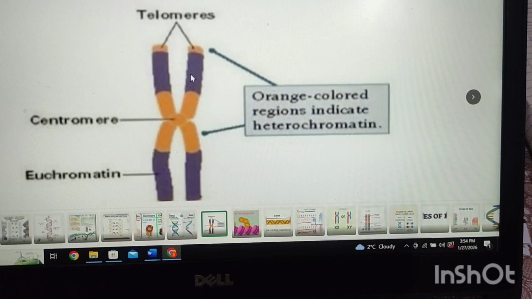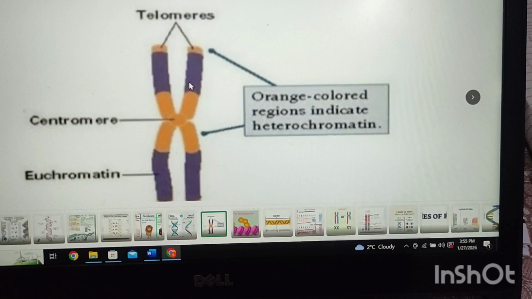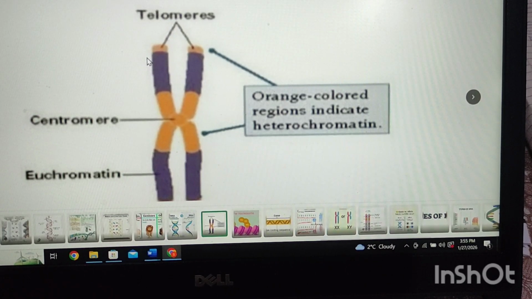Densely packed regions are usually silent. No transcription occurs, so no expression will be displayed. These portions are always found near the nuclear membrane and the centromere.